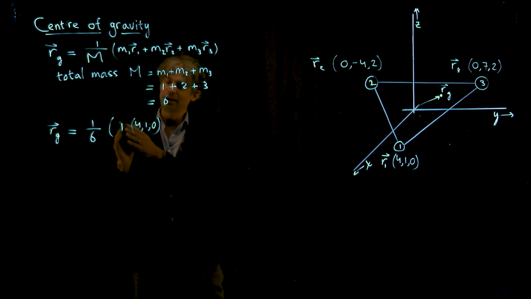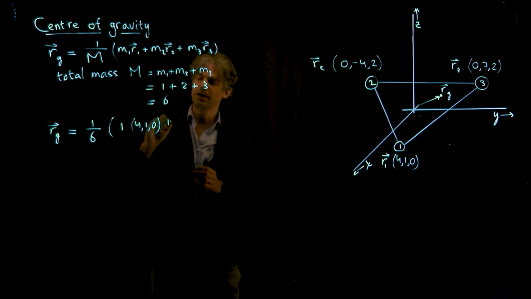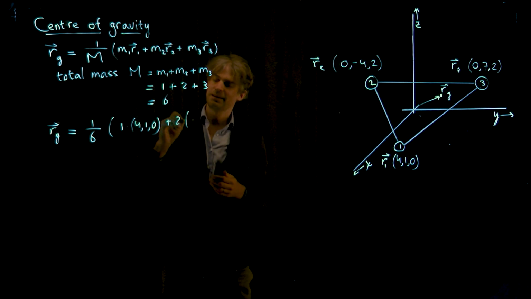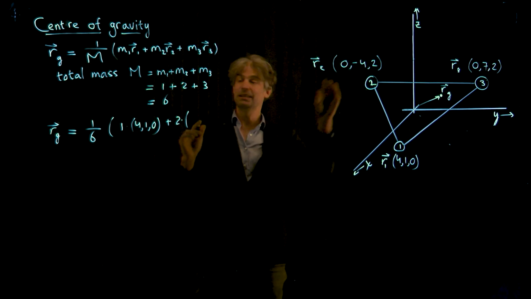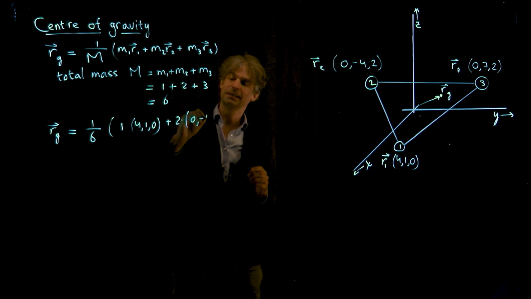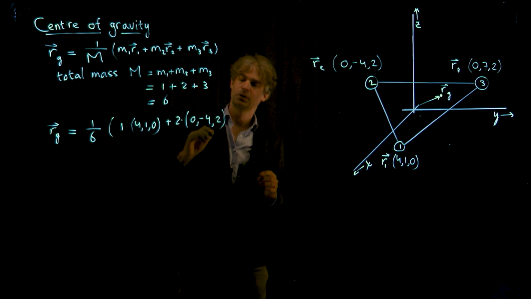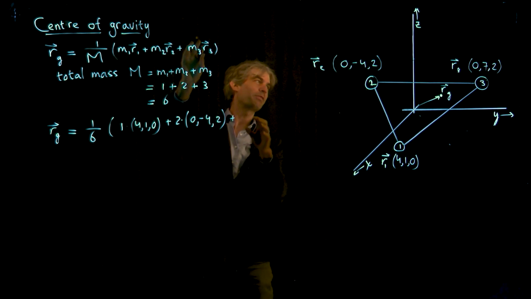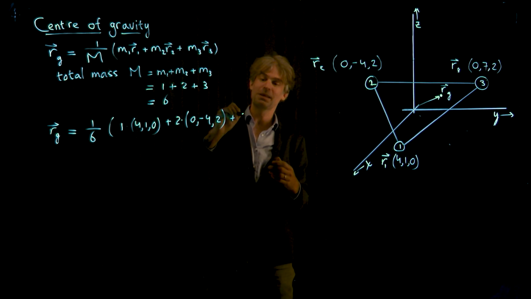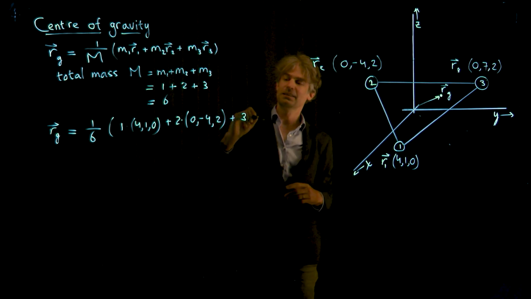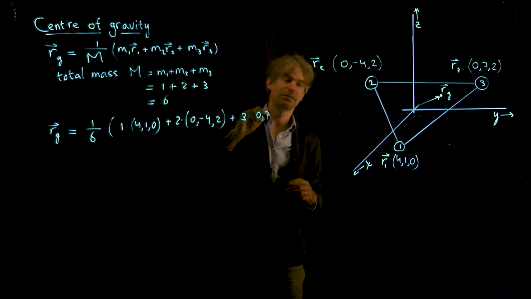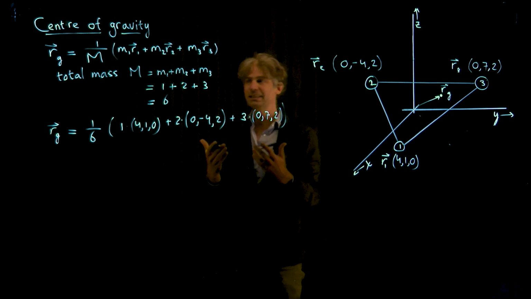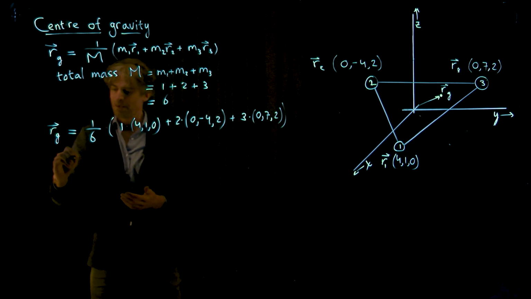So I get a scalar number times a vector, plus the weight of the second, that's 2, and the position vector here is (0, -4, 2), negative 4 if you care about that. And then there's m3, the weight of the third, which is simply 3, and its position is (0, 7, 2).